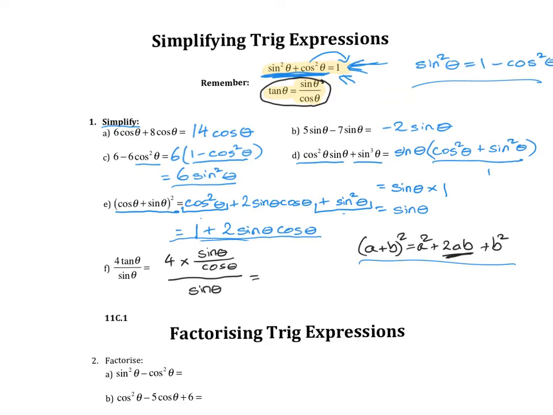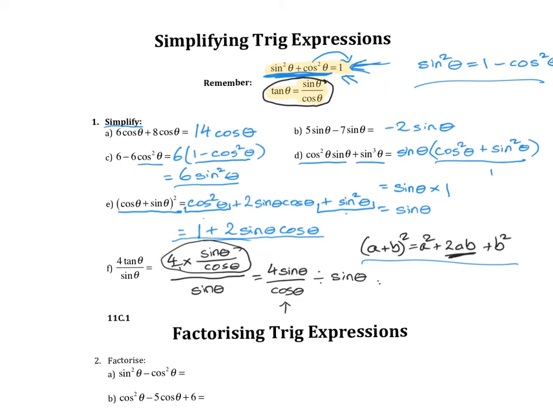Now I'm going to just write the numerator part. And remember, this is like 4 over 1. So we get 4 sine theta over 1 times cos theta, which is just cos theta. And then think of it as all of this big fraction divided by sine theta.